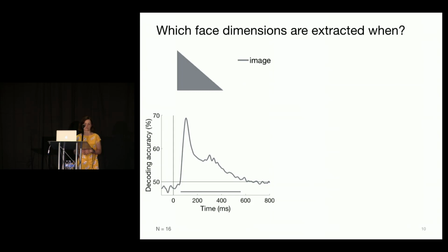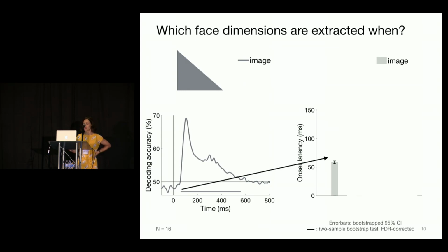And when you look at when this is significant, from the lower bar in the plot here, we can extract the onset of that image decoding, and that is around 55 milliseconds. So that tells us that at that point, we can discriminate the early visual properties of our images.